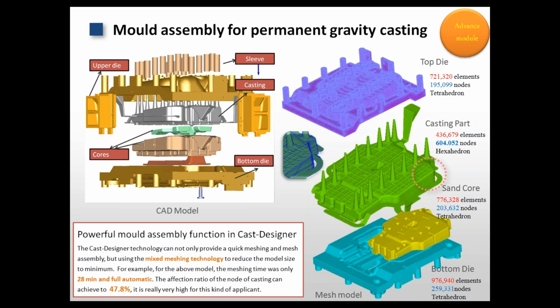That's very useful for the full die analysis. For example, in the gravity casting cases, if you want to check the temperature distribution of the mold, then you need this module to check the temperature of the mold.